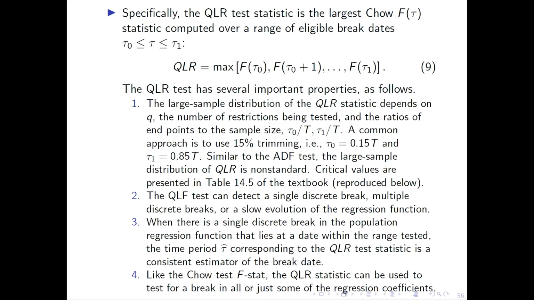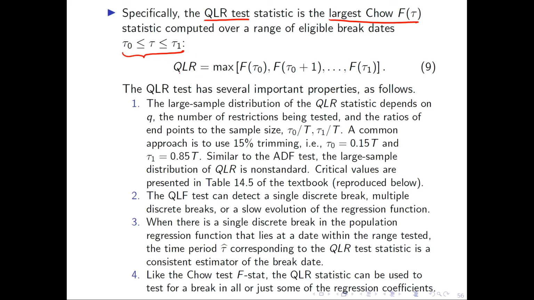To go a bit deeper into this, there is a lot of text here, but we're going to go through this systematically. The QLR test is the largest Chow F test. We need to decide upon a certain range of dates where we are going to perform the test.